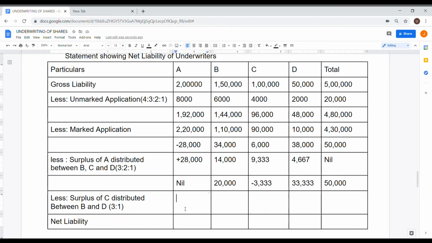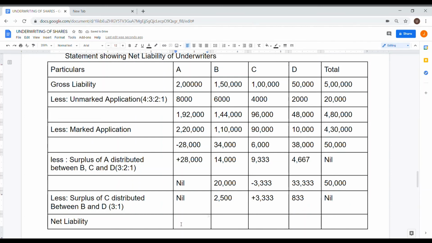So for A it is nil. For B, how will you calculate? 3,333 into 3 divided by 4, you get it as 2,500. And here it is plus 3,333, and here it is 833, and here you don't calculate total, so you write it as nil.